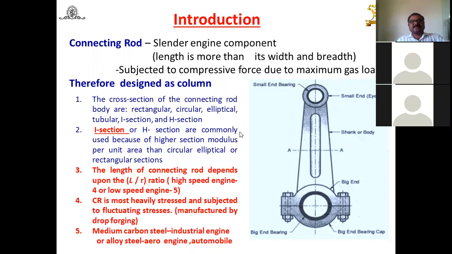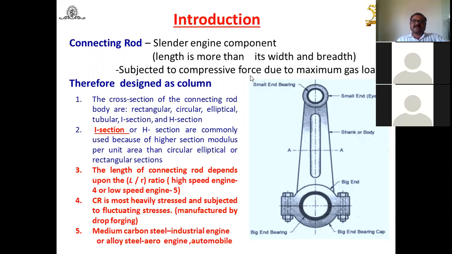Now before starting its design, we have to consider this part as a slender engine component. Why slender? Because the length of this connecting rod is more than its width or breadth or thickness. That's why it's a slender engine component.